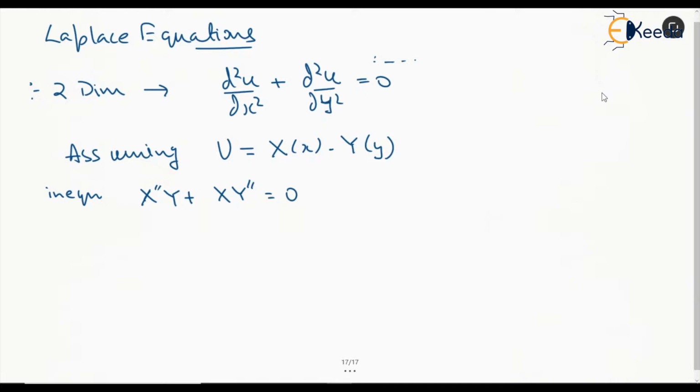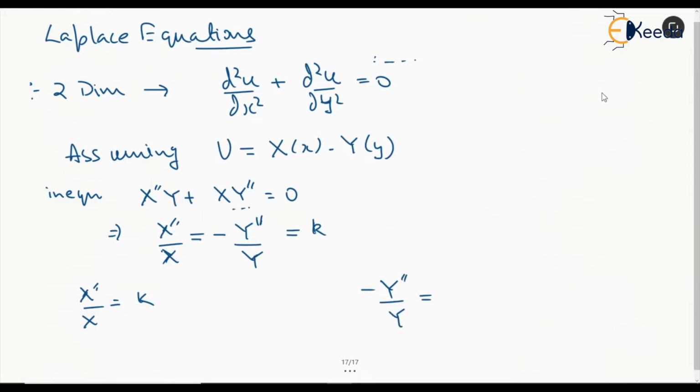Taking this term to the other side and bringing X into the denominator, it becomes X''/X = -Y''/Y. Now x and y are independent, so the only relation they can have is proportionality with a certain constant k. So X''/X equals k, and Y''/Y equals -k.